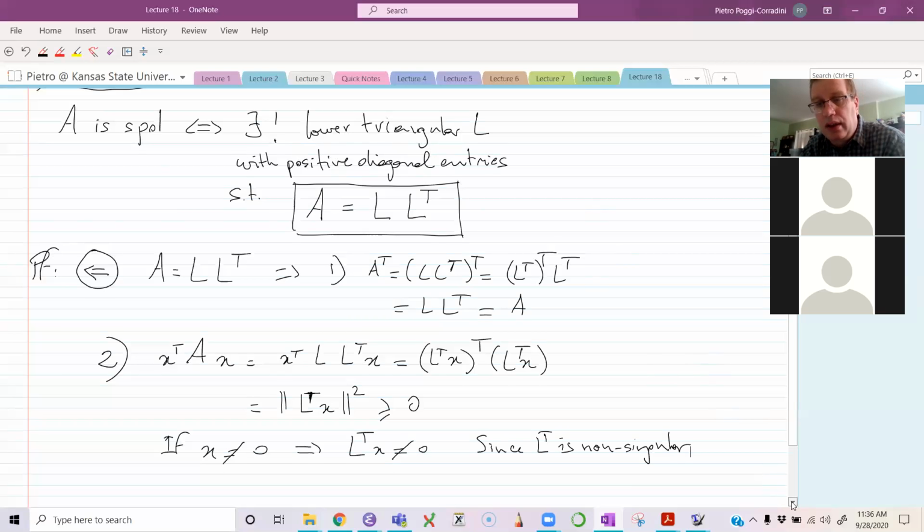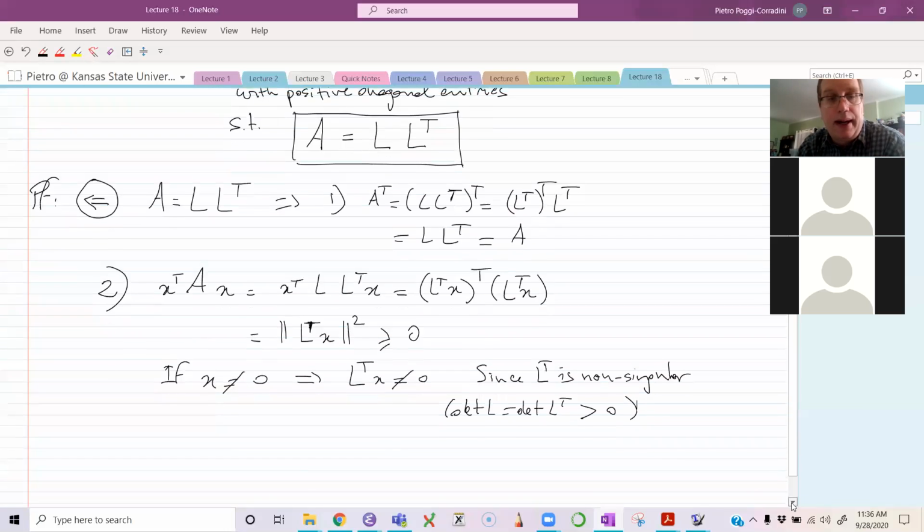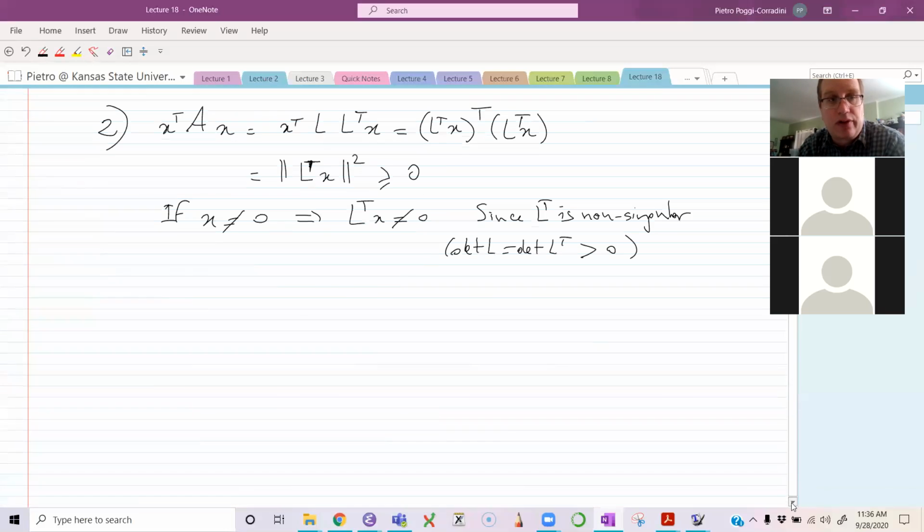So in particular, the determinant of L, which is the same as the determinant of L transpose, is positive. All right. So we have that direction.